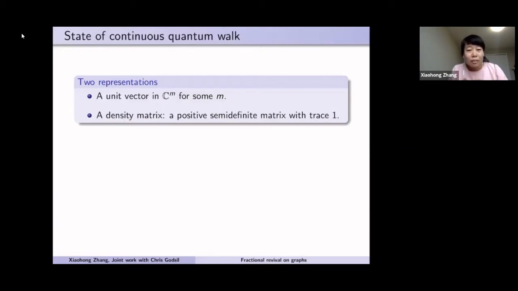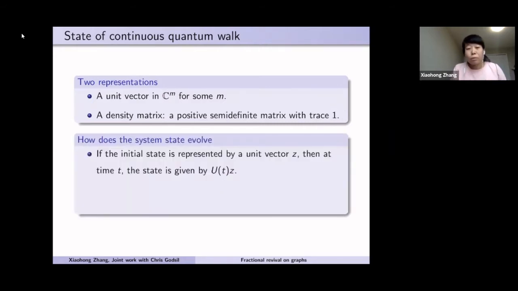So we know how to describe the state of the system. We know the transition matrix. If we know the initial state, how do we find out the state of the system at time t? If the state is described by a unit vector, the initial state is represented by unit vector z, then at time t the state is U_t z. Recall that U_t is unitary.